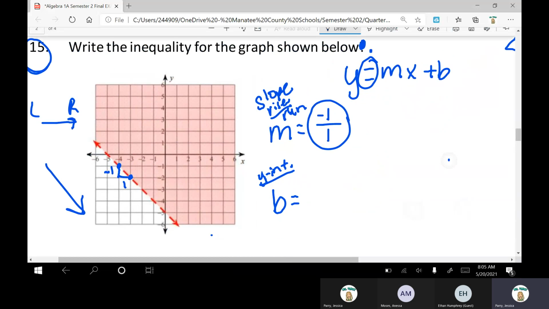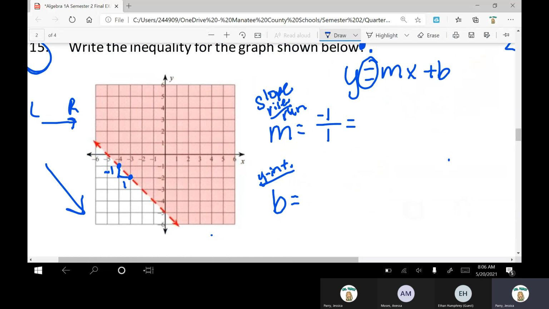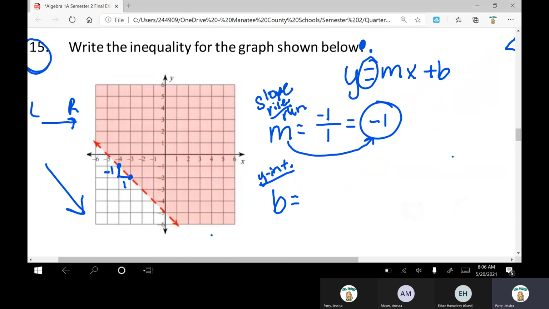But you want to simplify that. If you can simplify, always simplify. Negative 1 divided by a positive 1 is negative 1. So m is negative 1.